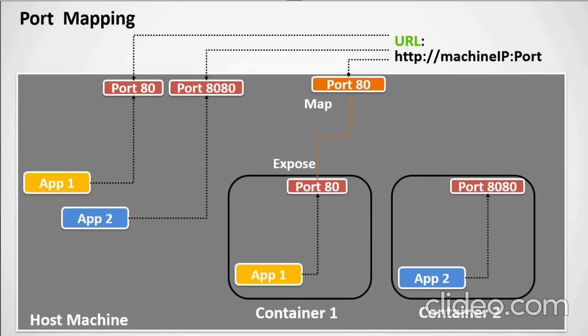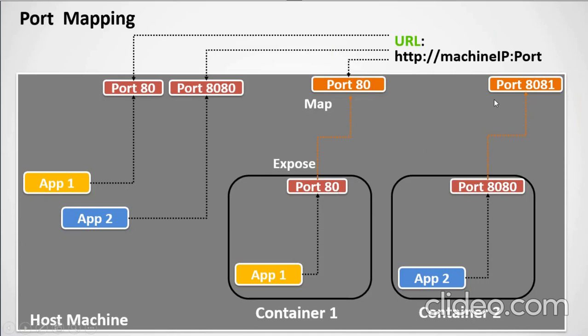If some other application is already running on port 8080, let's assume, then you can map to any other available port. So it is not mandatory that whatever port number you're exposing from the container, the same thing you should be using on the host. If that port is available, it's easy for you to remember. So if you access 80, you mean there is 80 running on the container.